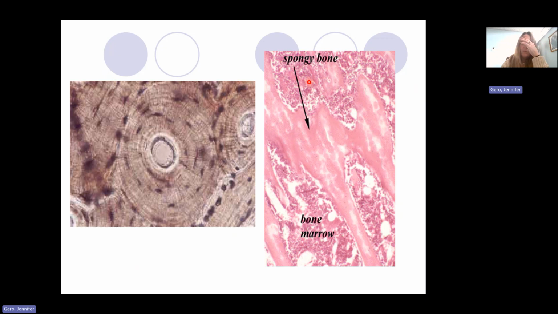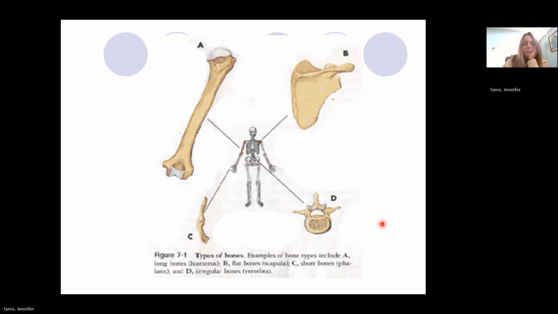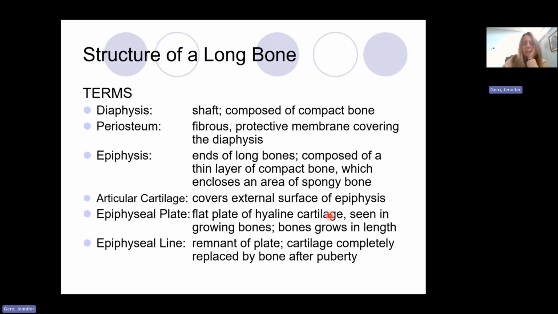So the red stuff, or the kind of dark pink stuff you see here, would be red marrow. And then these white globs, if you will, are going to be yellow marrow or fat. And those are the 4 different shapes: long, flat, short, and irregular.